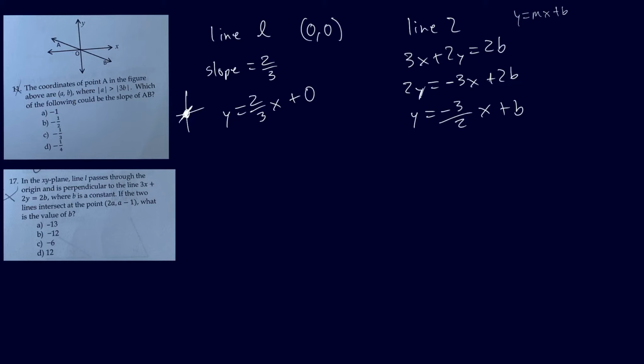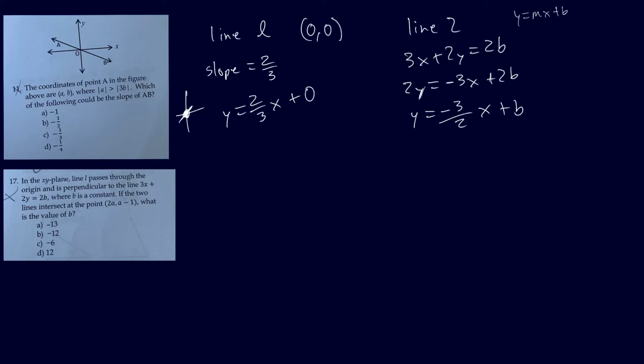The second sentence says, if the two lines intersect at the point (2a, a minus 1), what is the value of b? So the fact that they both intersect at (2a, a minus 1) means that it is a point that can fit into both equations. So starting with the equation for line L, I am going to plug in (2a, a minus 1).